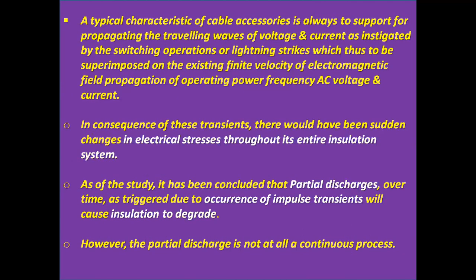A typical characteristic of cable accessories is to support propagating the traveling waves of voltage and current as instigated by the switching operations or lightning strikes, which are superimposed on the existing finite velocity of electromagnetic field propagation of operating power frequency AC voltage and current.